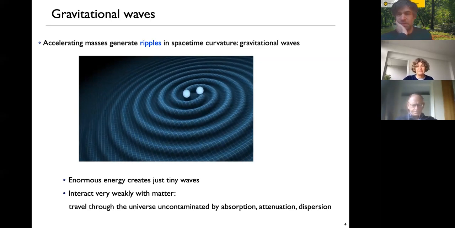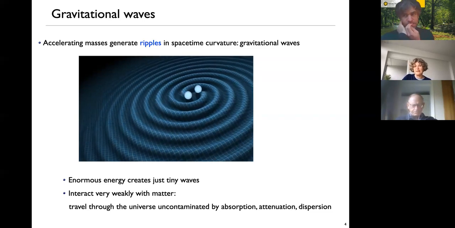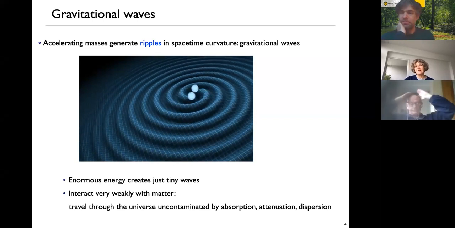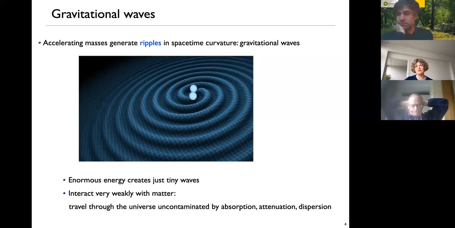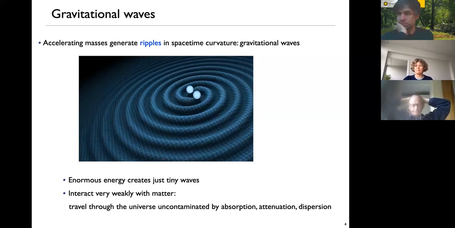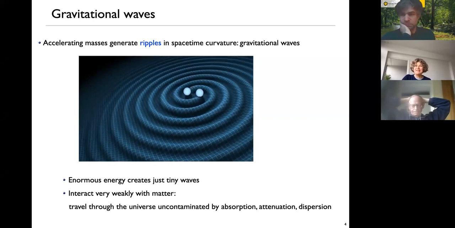And related to that is also a feature that gravitational waves interact very weakly with matter. So on the one hand, that is really great because it means they can travel through the densest and most dynamical regions of the universe, almost uncontaminated by any kinds of absorption, attenuation, or dispersion effects. But on the other hand, it also means that they are quite hard to measure.